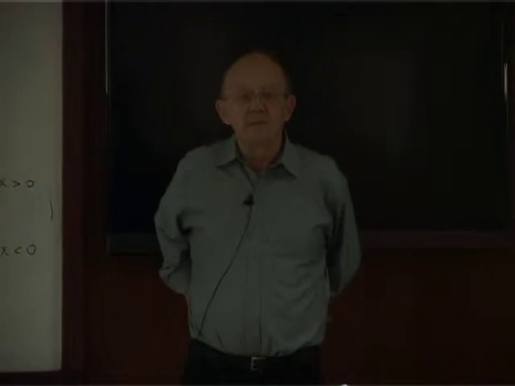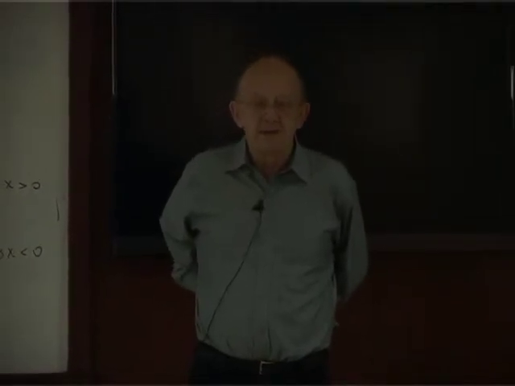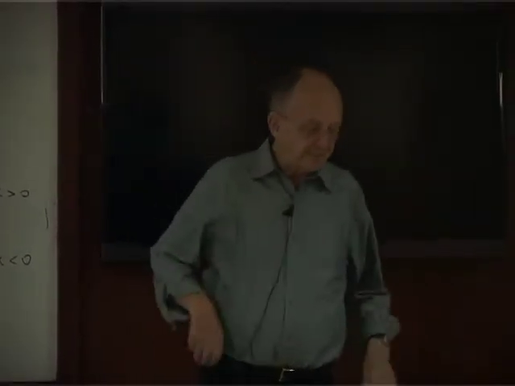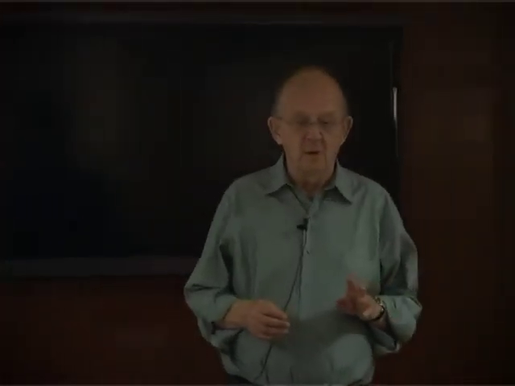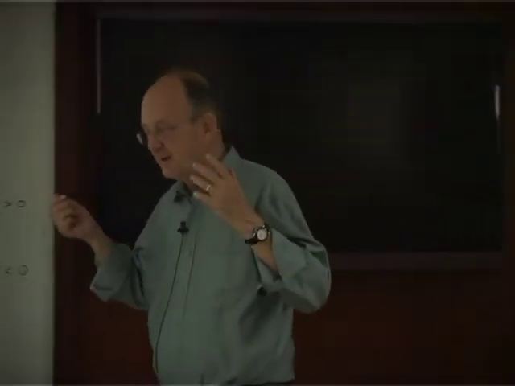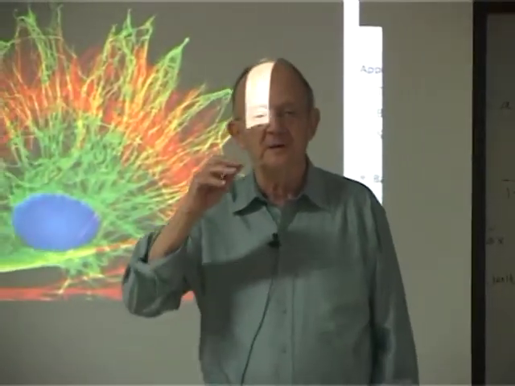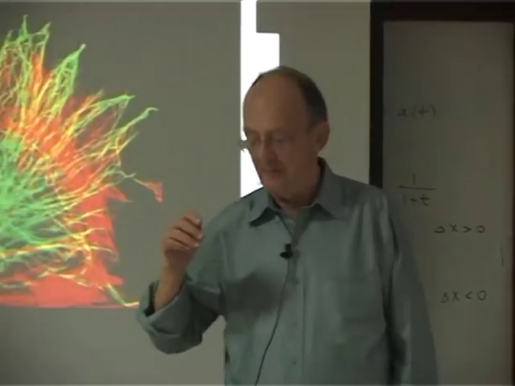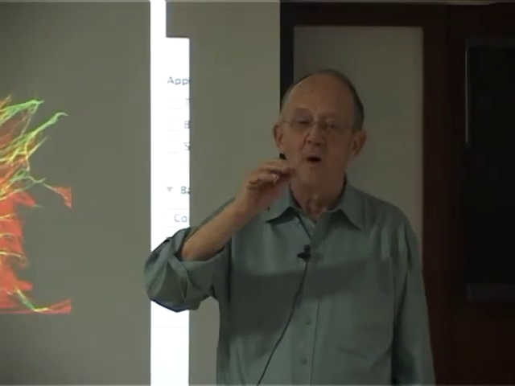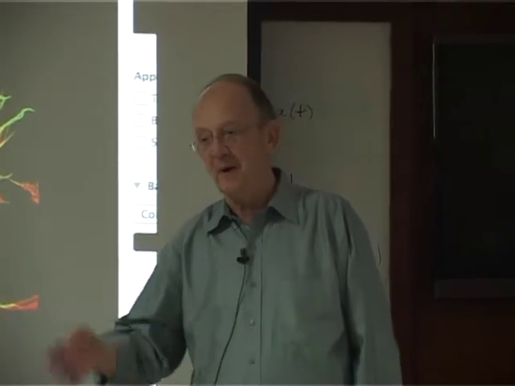I'm going to continue, and I'm actually doing this whole thing backwards because I'm going to end up with work that we did in my lab 20 or 30 years ago. And it's still, to my knowledge, the one time that someone has done a detailed quantitative comparison between a model and an experiment.